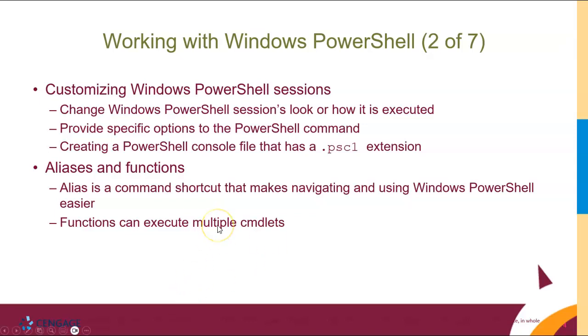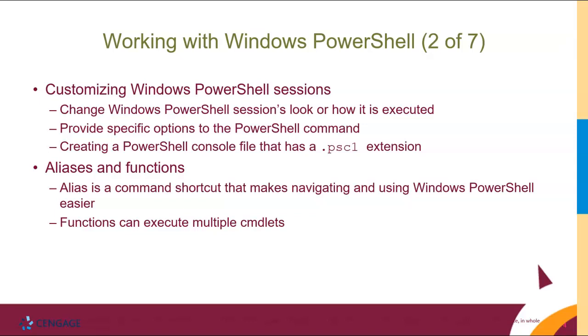And then you can use aliases and functions. An alias is a command shortcut that makes navigating and using Windows PowerShell easier. Functions can execute multiple commandlets. You can create functions inside of your scripts that perform a specific task, a programming technique, if anybody's familiar with functions in programming.